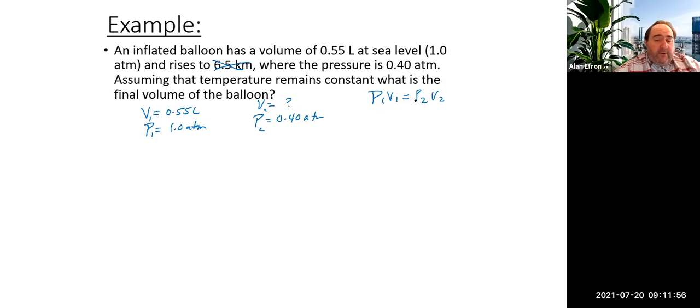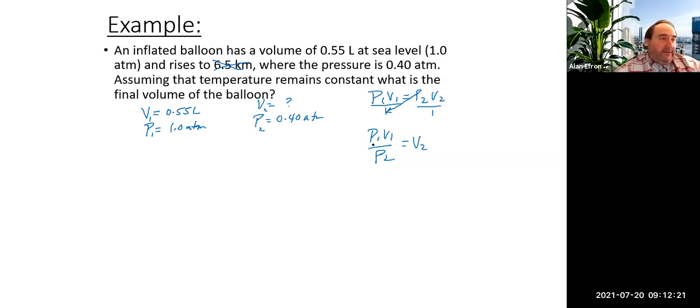When we go across an equal sign, although it's not written as a fraction, you can think of it like that. When you go across an equal sign, things end up in the opposite location, which means if I'm taking the P2 to the other side, it's going to end up on the bottom. And that gives us P1 V1 over P2 is equal to V2.